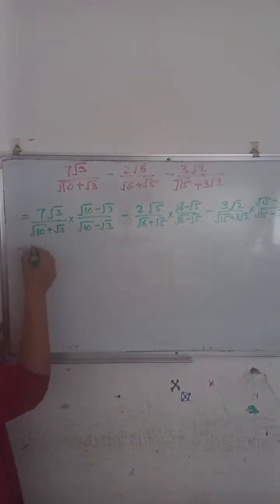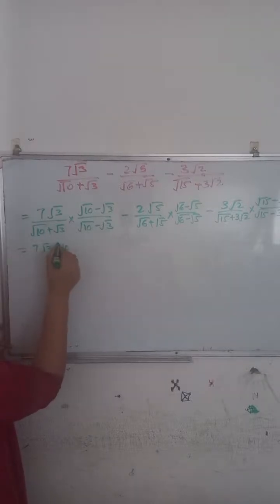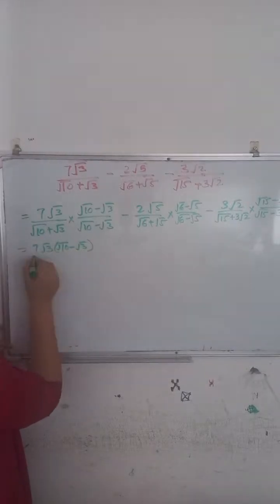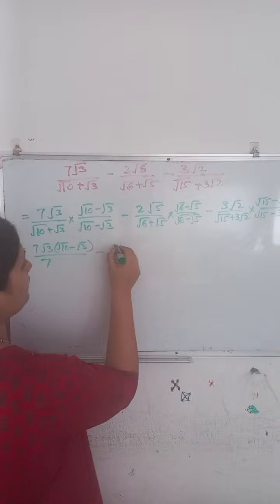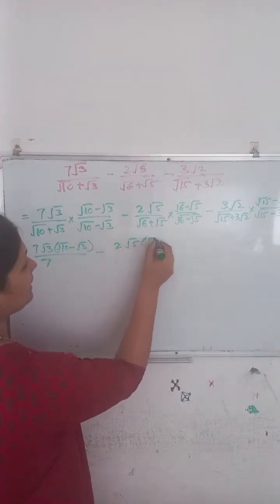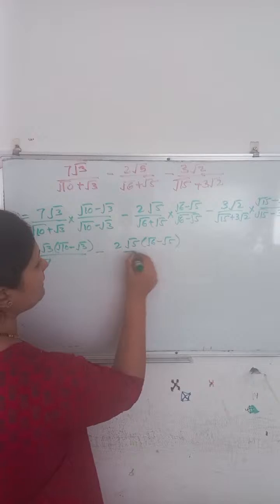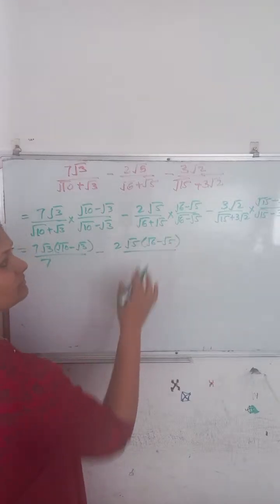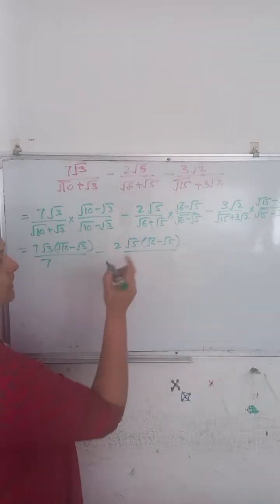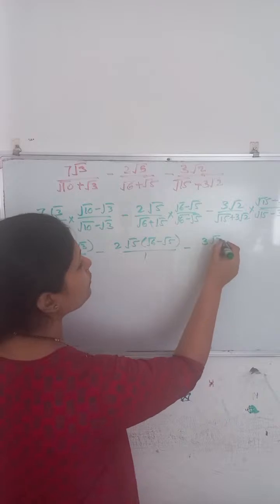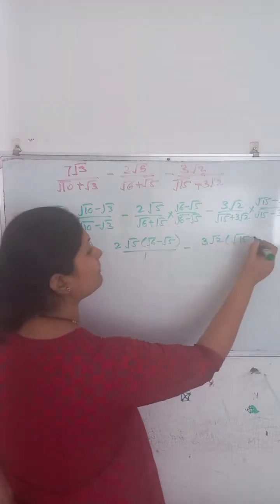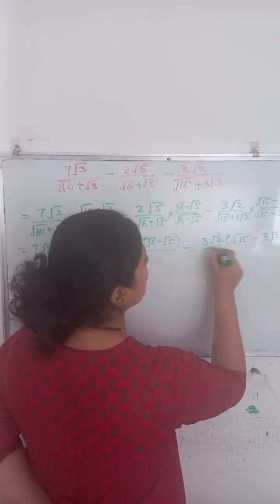Okay. So now 7 root 3 inside the bracket root 10 minus root 3 divided by a square minus b square, that is 10 minus 3, that is nothing but 7. Again 2 root 5 inside the bracket root 6 minus root 5 divided by a square minus b square, 6 minus 5, that is equal to 1, and here 3 root 2 inside the bracket root of 15 minus 3 root 2 divided by.